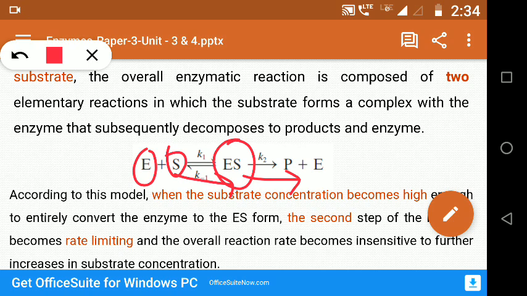First one is enzyme substrate complex formation, then the product formation. Okay, so when we consider these two elementary reactions in the enzymatic reaction, the second step, that is the formation of product from enzyme substrate complex, is the rate limiting step.